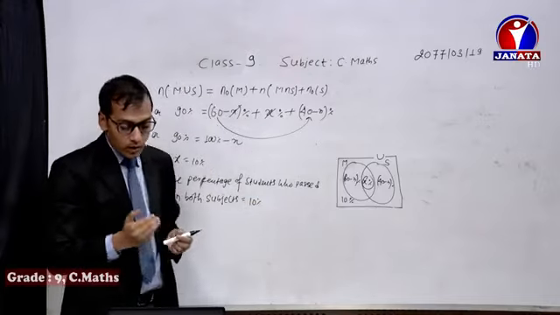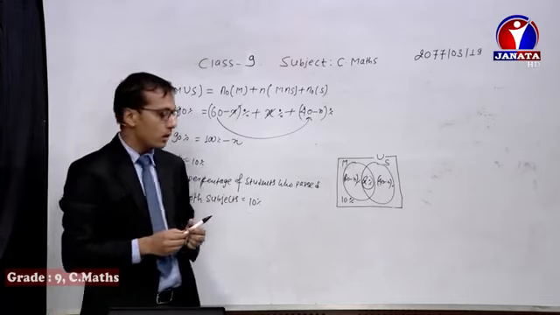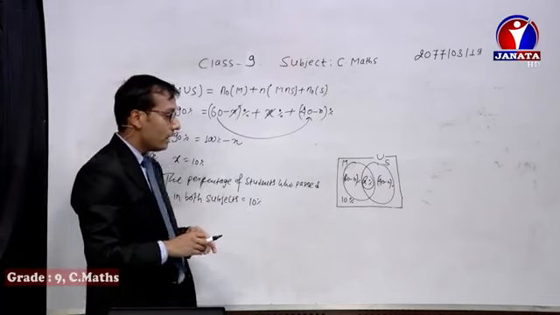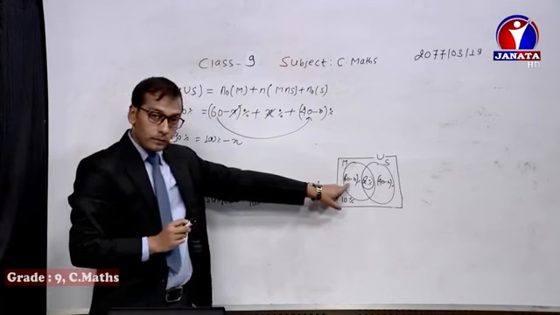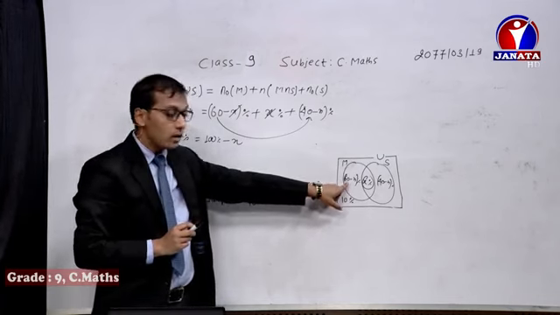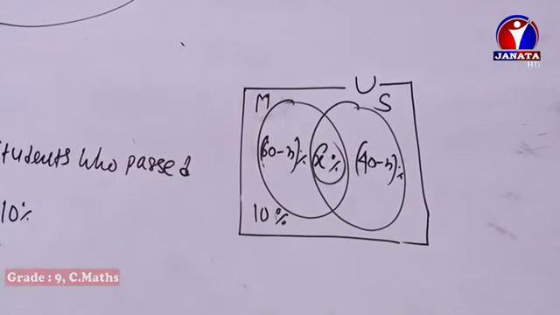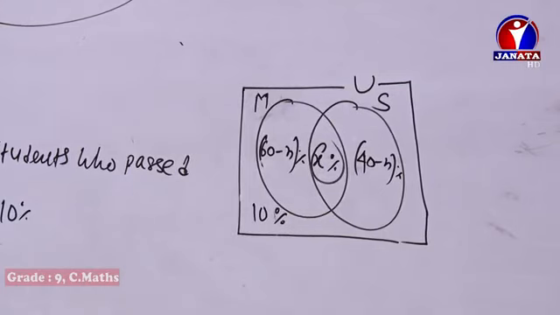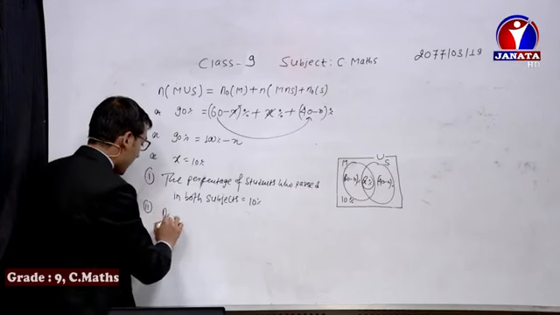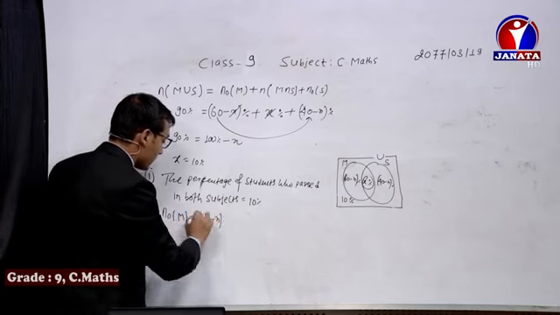Next is, what percent of students passed in mathematics only? We can see the region for only mathematics. This is 60 minus X. Second, what is N only M? This is 60 minus X percentage.